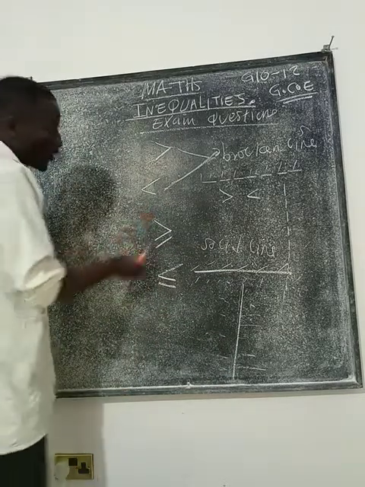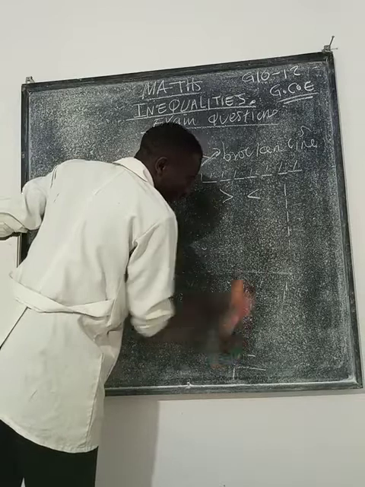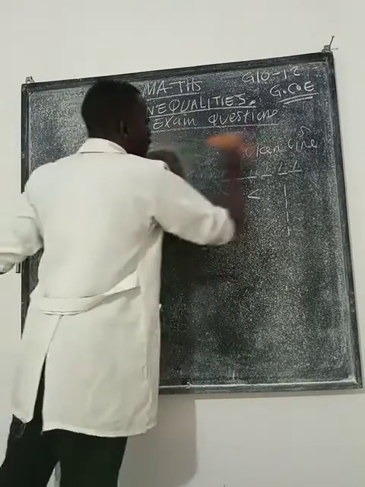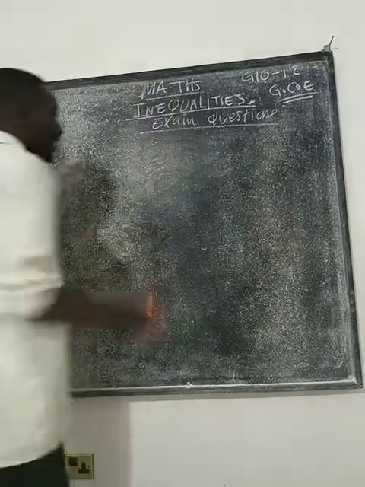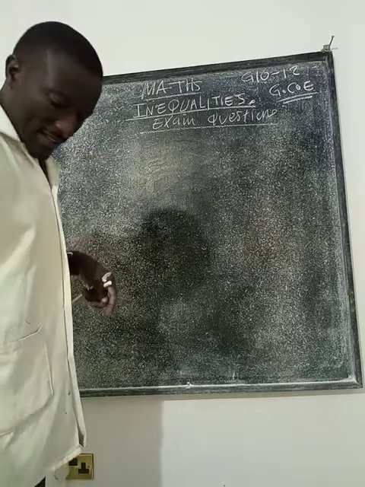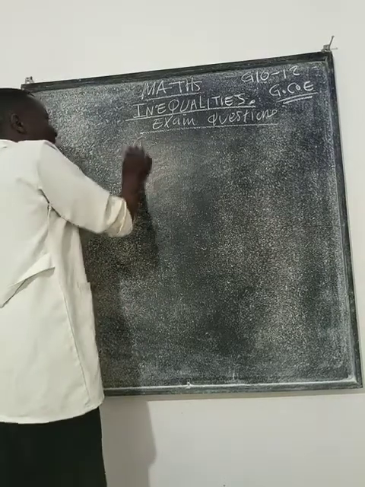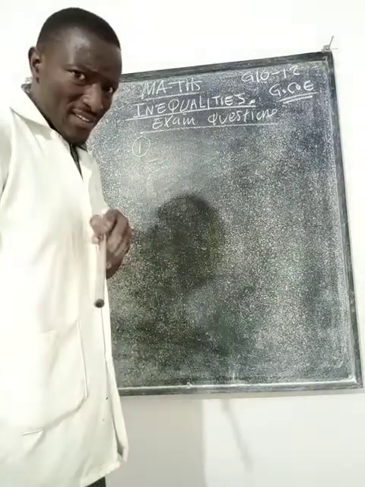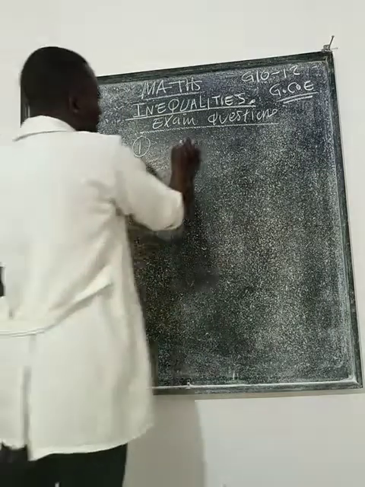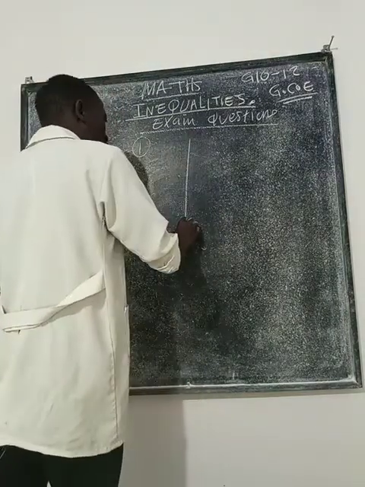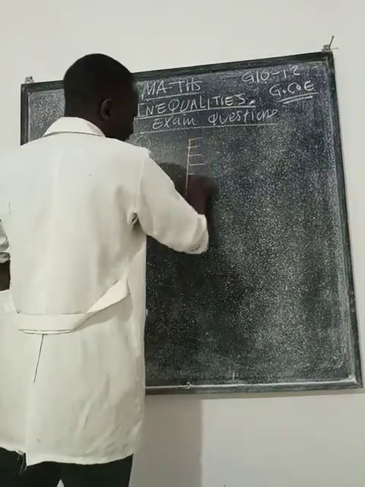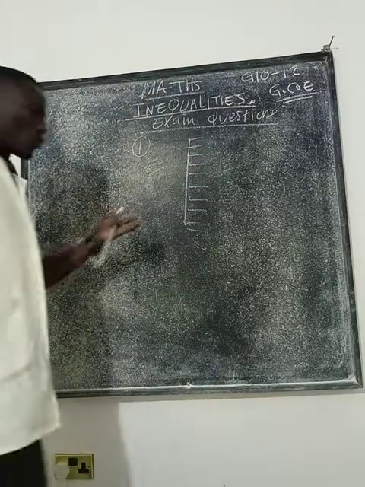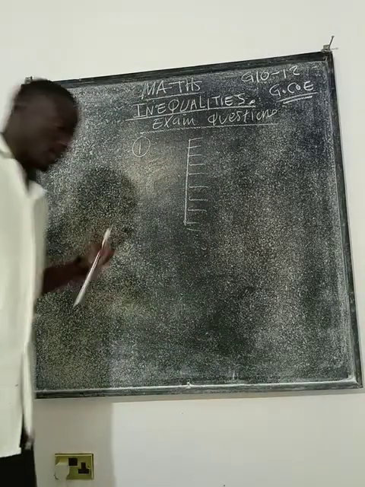Now, how do we know the regions, or when do we bring in these signs? Well, there are various ways in which we can draw. Imagine I have this line, it is shaded this side. How do I know that I have to bring in this?